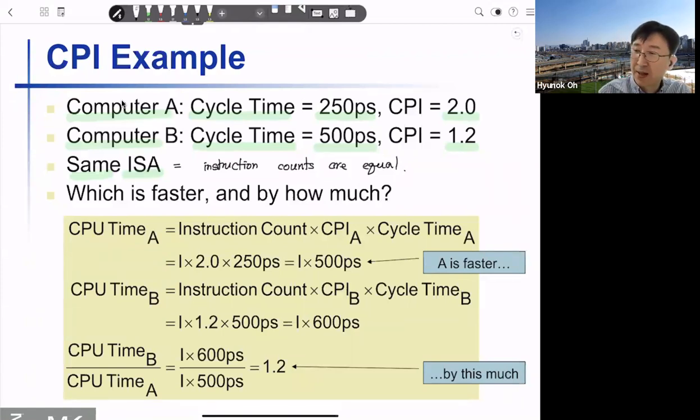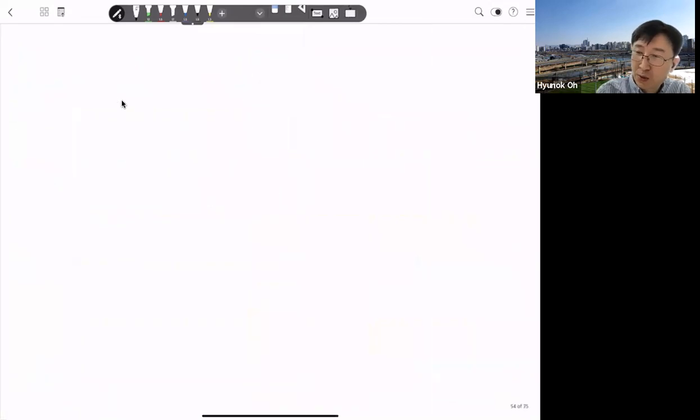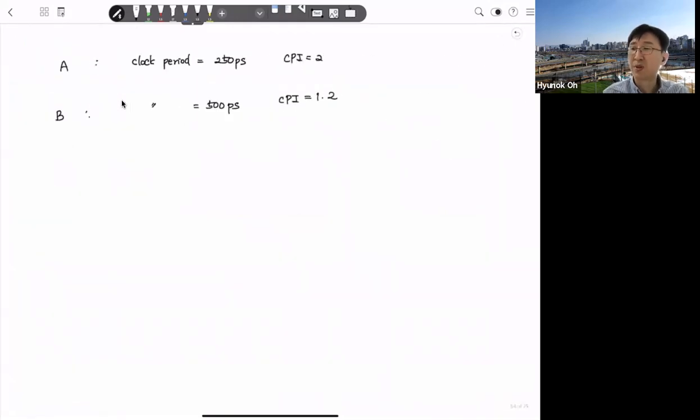So let me summarize. There are two computers, A and B. In case A, clock period is 250 picoseconds. CPI is 2. In case B, clock period is longer, but CPI is smaller, 1.2.